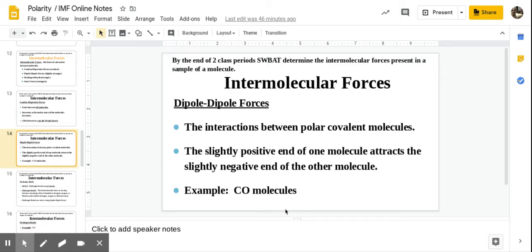Next, I want to talk about dipole-dipole forces. Now, dipole-dipole forces are between polar covalent molecules, okay? So polar molecules, that's a dipole. Remember, we learned that in the last video. In this, the slightly positive end attracts the slightly negative end, just like before.